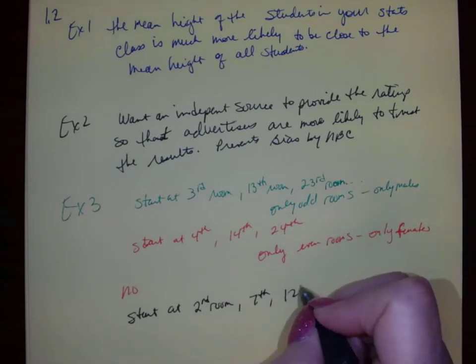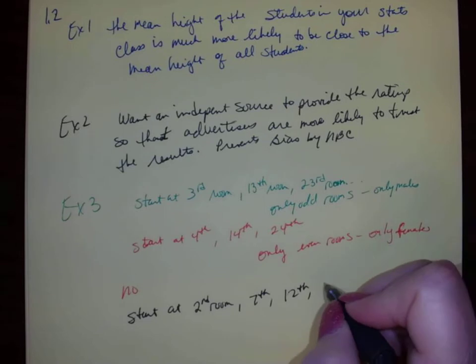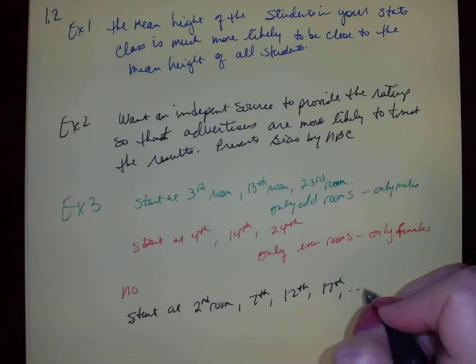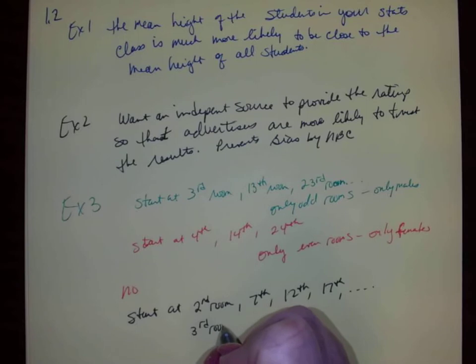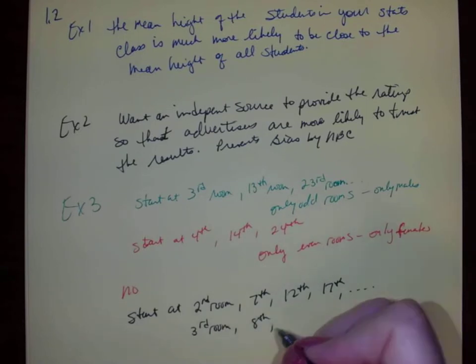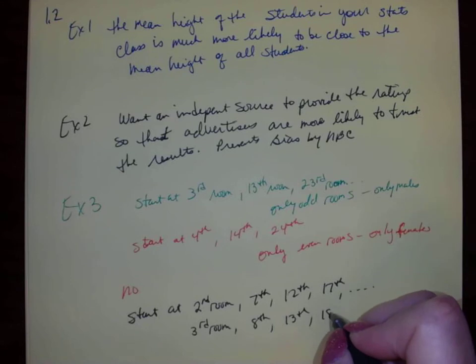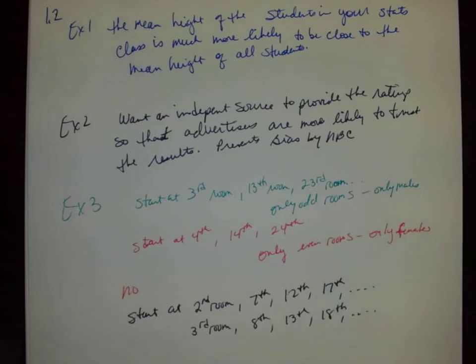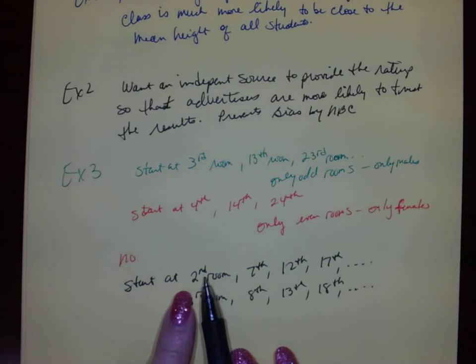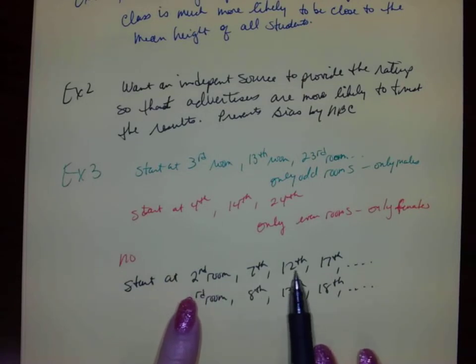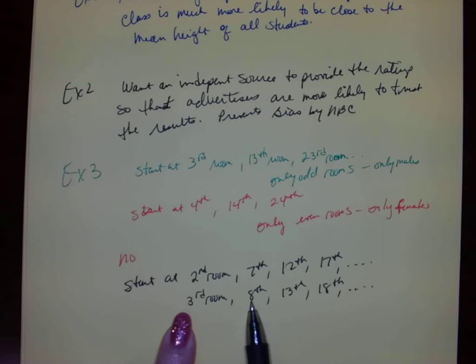Plus 5 will get us the 12th. Plus 5 would get us the 17th, and so forth, right? We could start at the 3rd room and get the 8th, and get the 13th, and get the 18th, and moving forward. So what happens in both of these, if we're doing the 5th, we end up with an even, odd, even, odd, odd, even, odd, even.